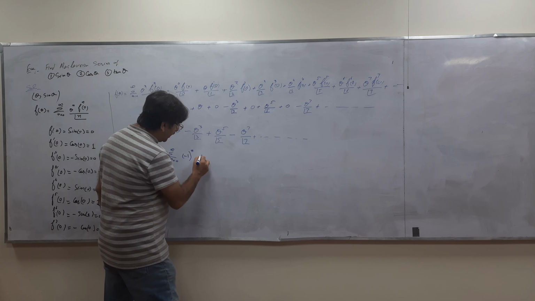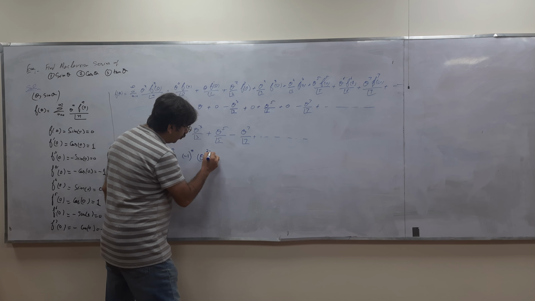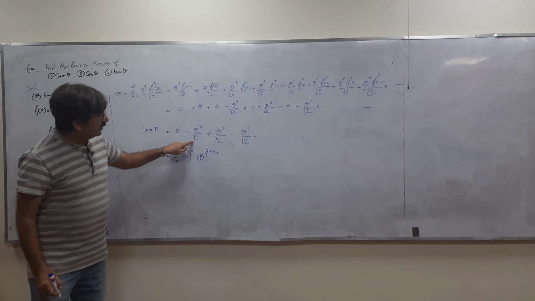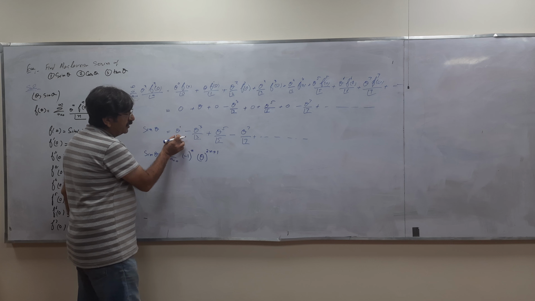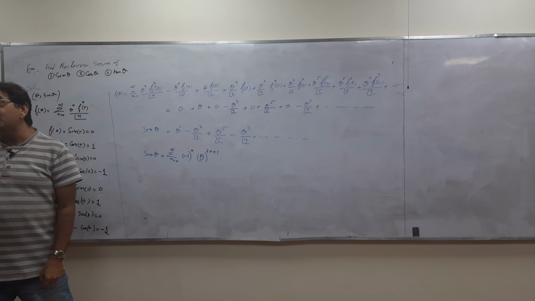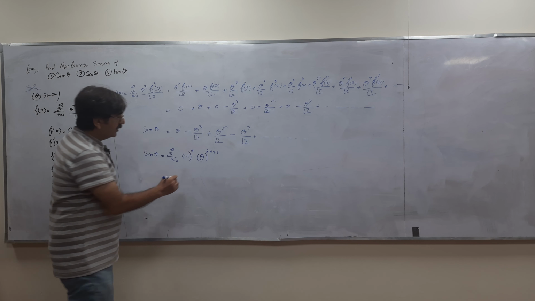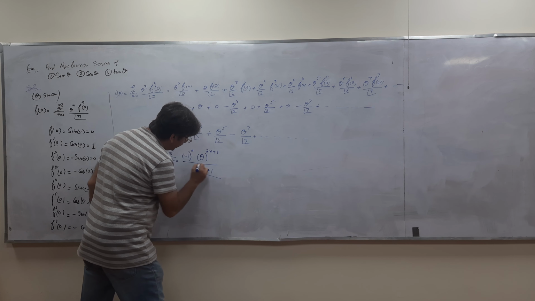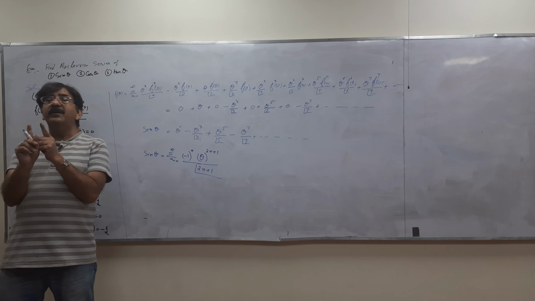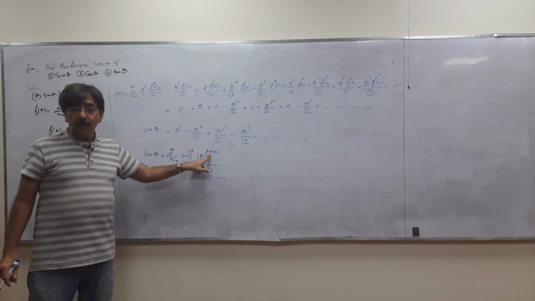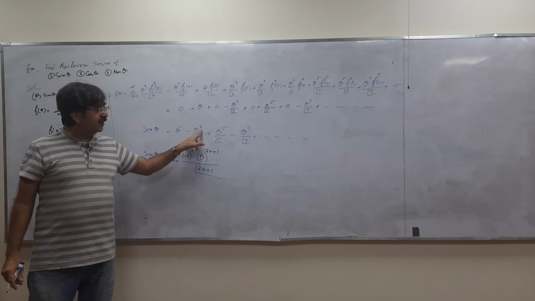So the power of theta will be 2n plus 1. All odd series will be written in this form. The denominator is also an odd number, so it must also be 2n plus 1. When we change the value of n, the answer will only be odd numbers. When n is equal to 0, the answer will be 1. When n is equal to 1, the answer will be 3.